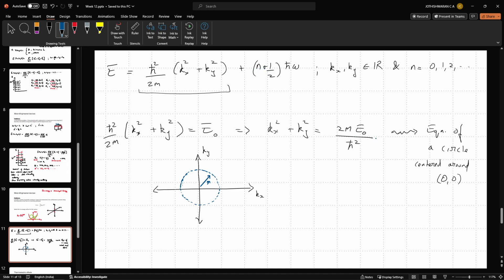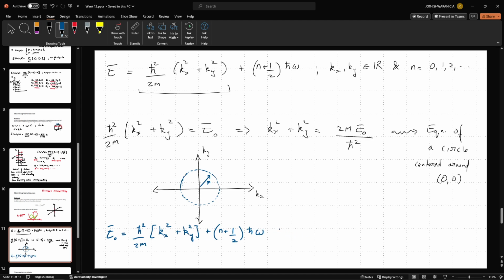Now, in the new case, for the same energy, let us say E naught is equal to h bar squared by 2m into kx squared plus ky squared plus n plus half into h bar omega.